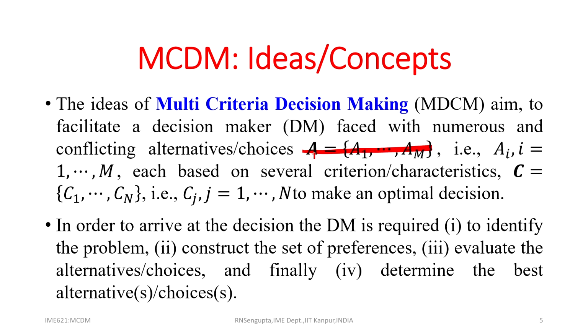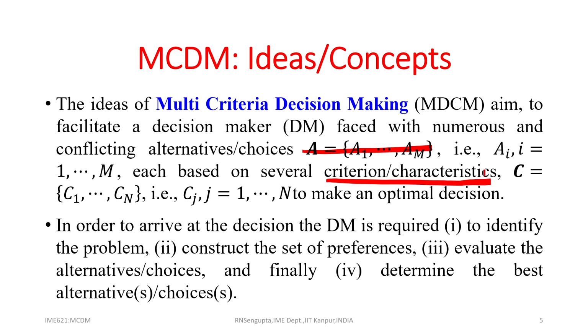So, this bold A means a set, and there are different alternatives which we will denote by A, starting from 1 to capital M, and each of these alternatives would be based on a set of criteria or characteristics.